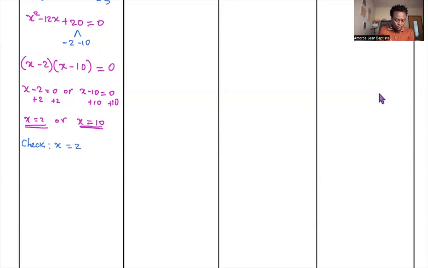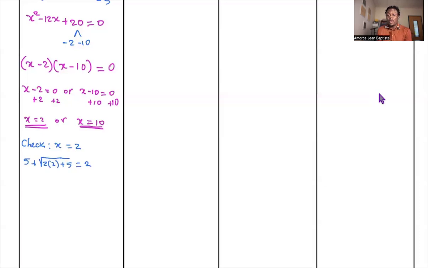So the original equation was 5 plus square root of 2x plus 5 equals x. 5 plus square root of 2 times the x value, which is 2, plus 5, equals x. So the x value is 2.